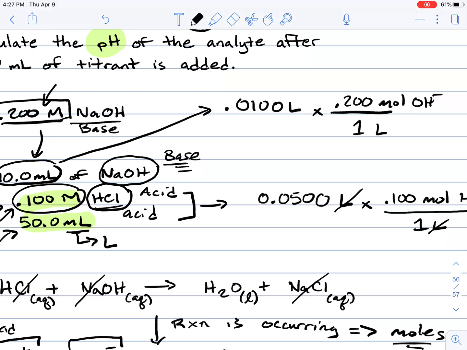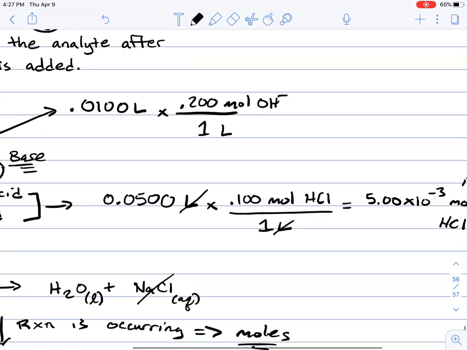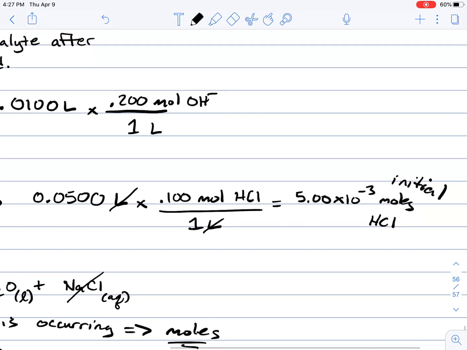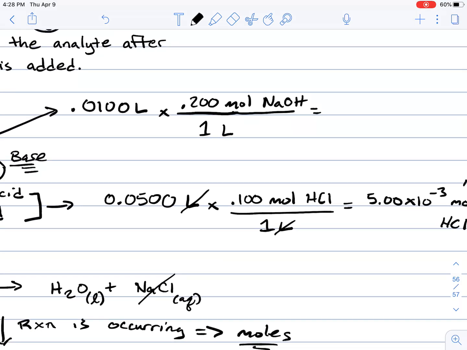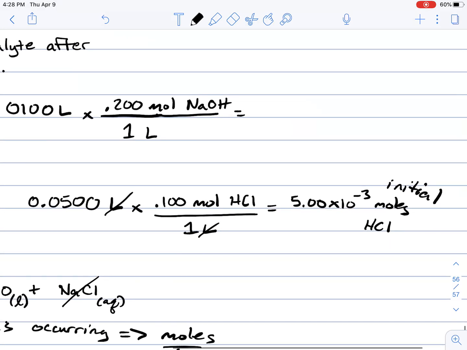Okay. And let me just be consistent here, so I'll go ahead and write NaOH. If I multiply these two, 0.01 times 0.2, I'm going to get 2.00 times 10 to the negative 3 moles of sodium hydroxide. Okay.